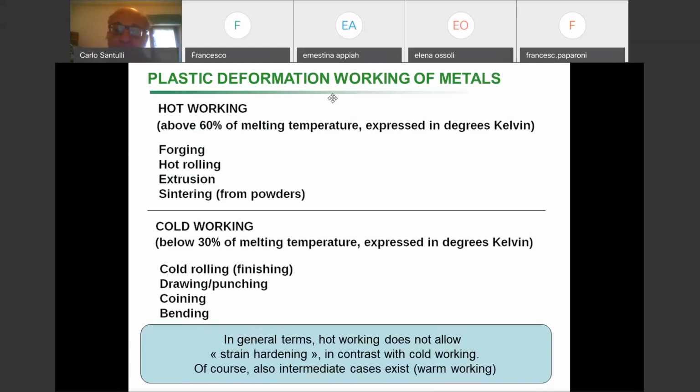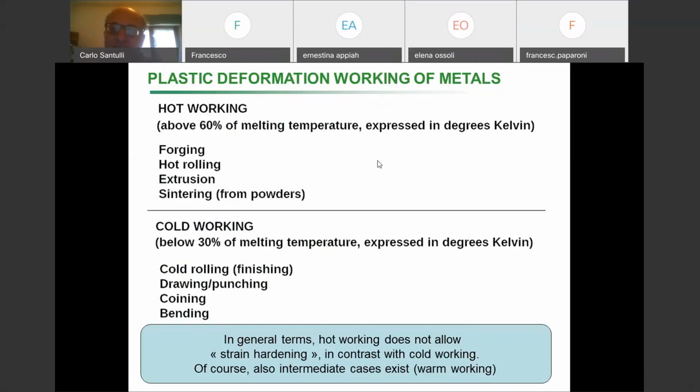What we can say is that some of the differences between hot working and cold working are obvious. I mean that hot working doesn't allow strain hardening. It doesn't become harder because of strain. What we have seen, for example, in the example with nails last time, is that we harden.